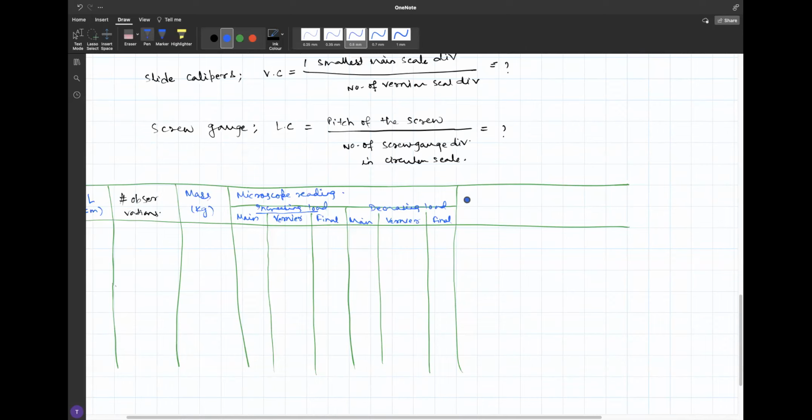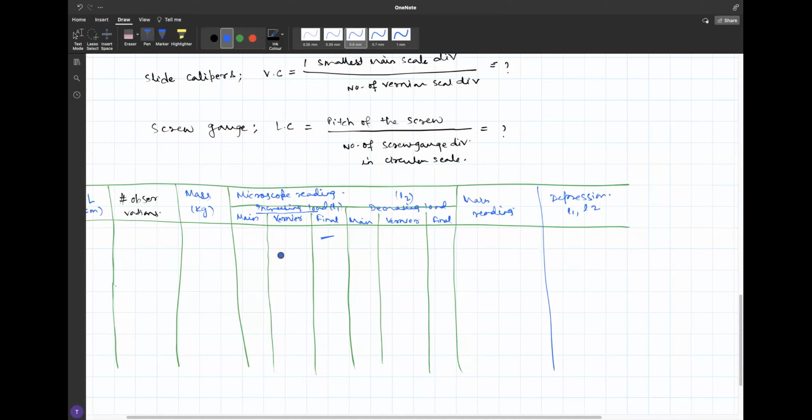So then you have the main reading. Let me finish this table, and then you can get the depression. So you get L1 and L2, and then basically you have both L1 and L2, right? If you want, you can also take an average of these two.